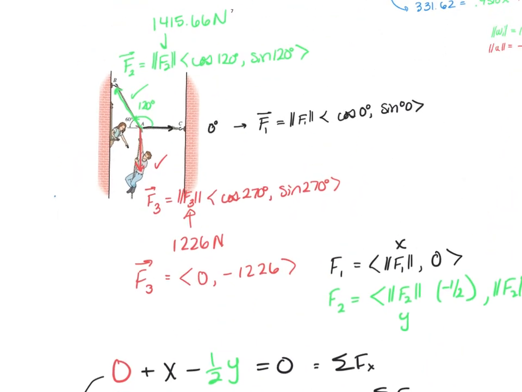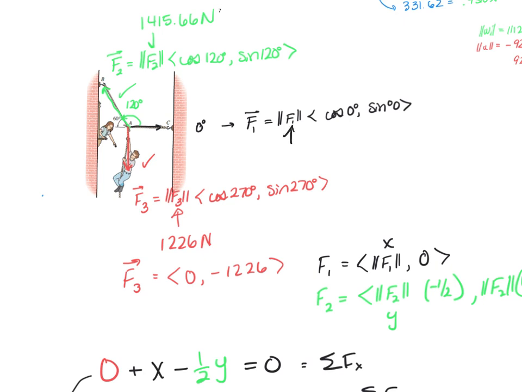So we know that each magnitude is less than the 2,000 newtons, or 2 kilonewtons, which was required. So we know that these ropes are not going to break. And that's it.